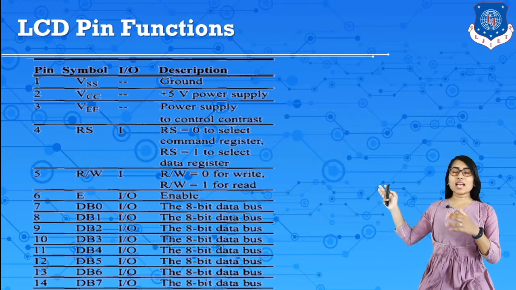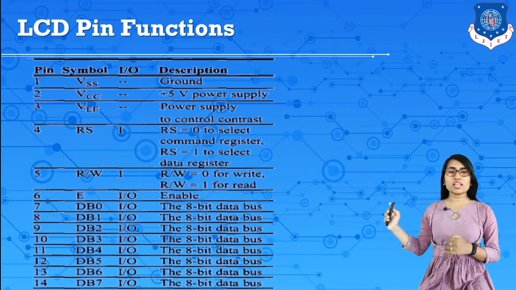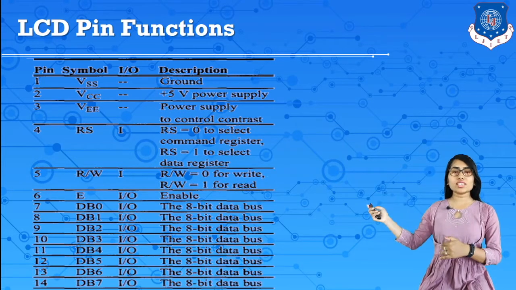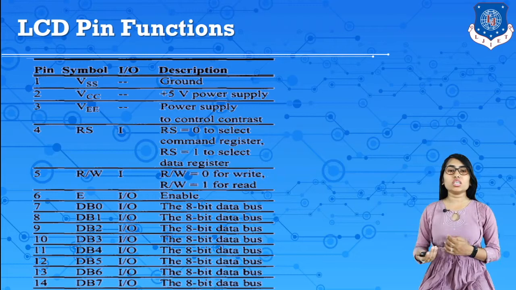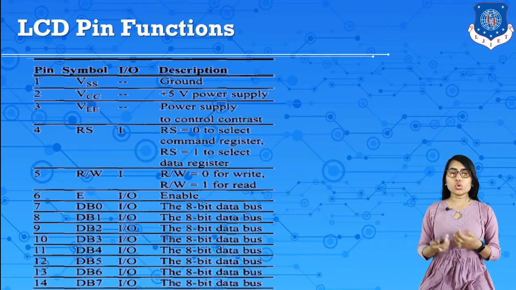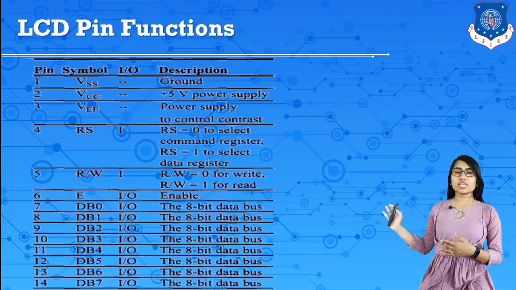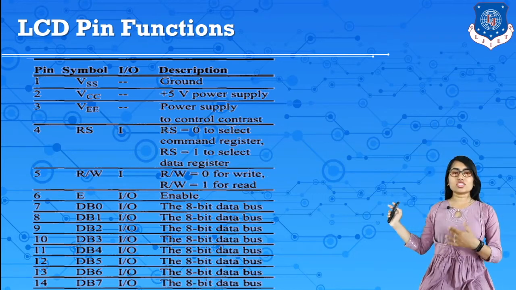These LCDs have pin functions like this. VSS is ground, VCC is the plus 5 volt supply, and VEE is the power supply to control the contrast. RS is basically used to select a register. RS is register select.